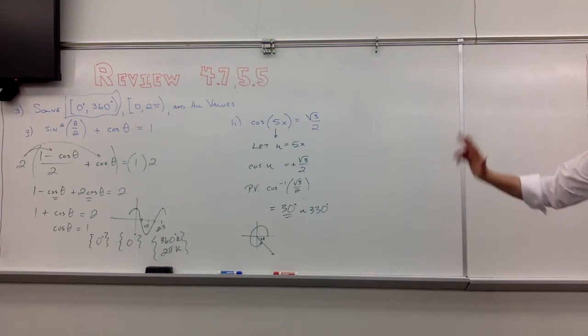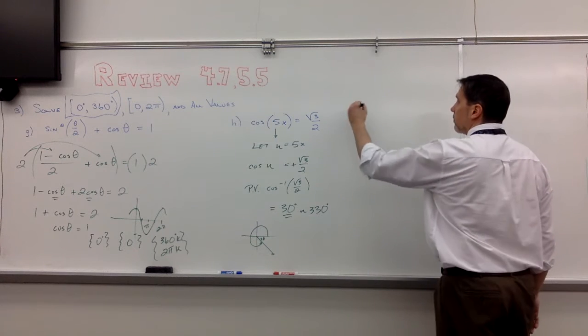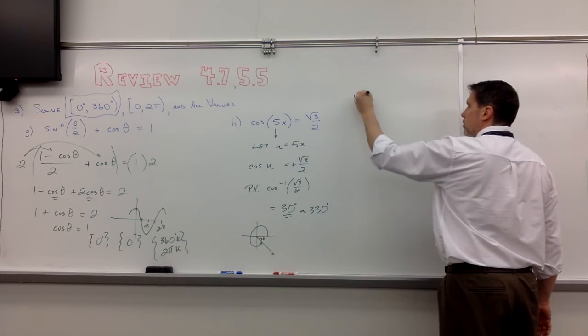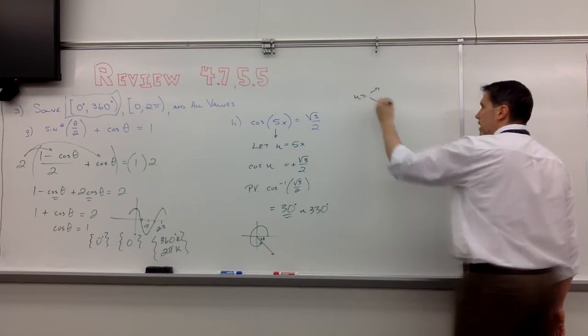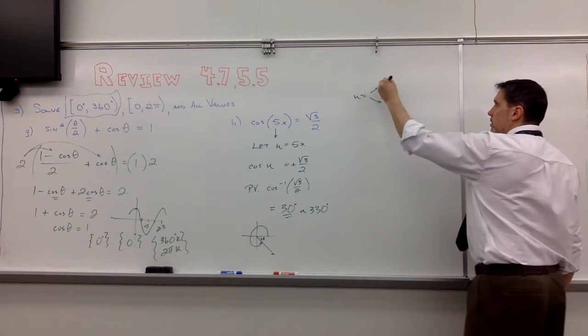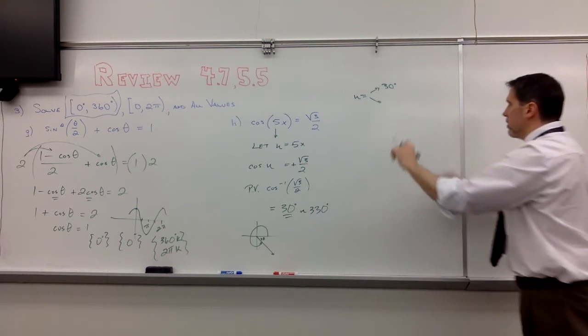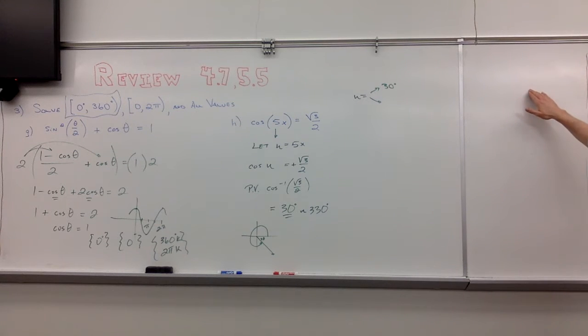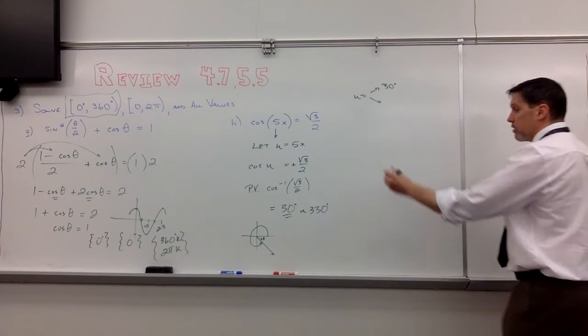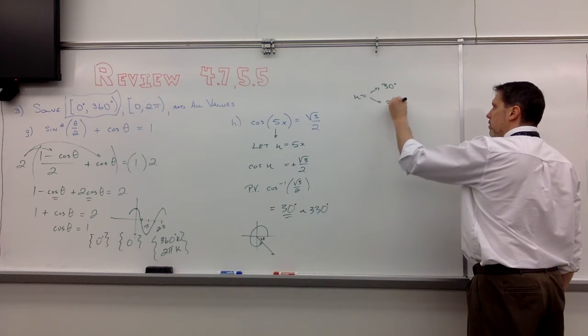Right? So from there, if you remember, we would say u equals, and we would do 2 branches here. We do 30. And then we'd list a whole bunch of angles coterminal with 30 going in the positive direction. And we do the same for 330.